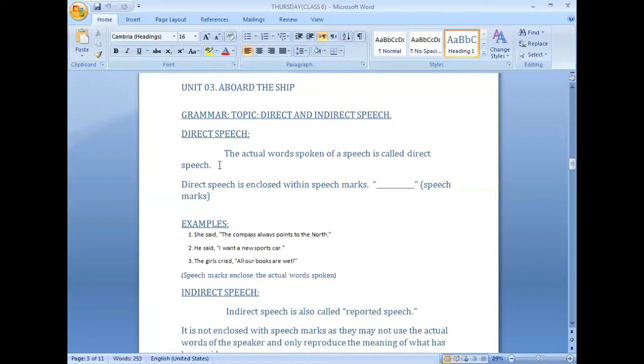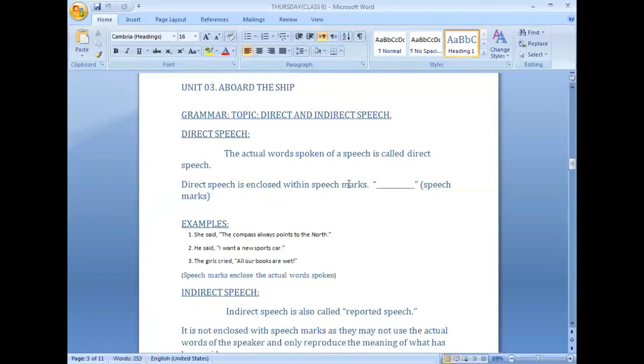The definition of direct speech on your screen: the actual words spoken by a speaker are called direct speech. Direct speech is enclosed within speech marks. Here you can see inverted commas open and inverted commas closed. These are called speech marks.